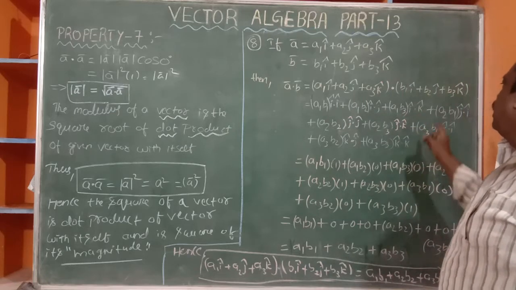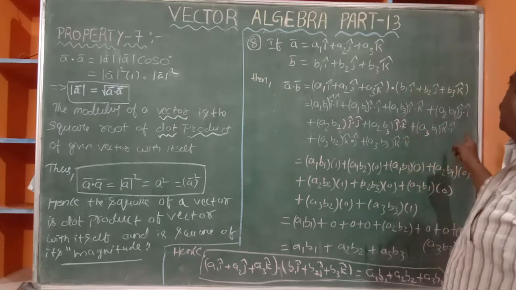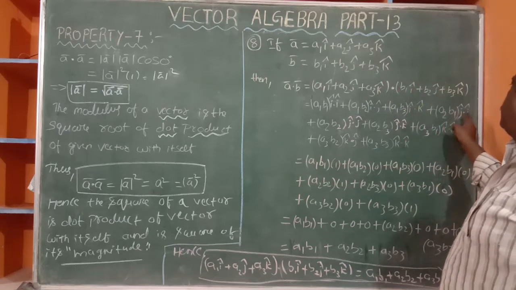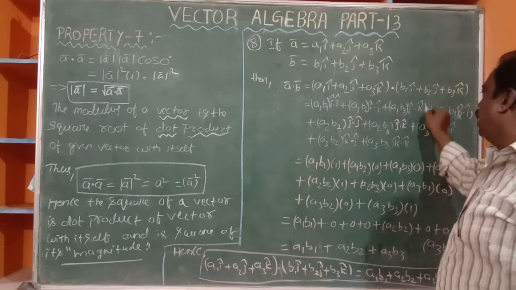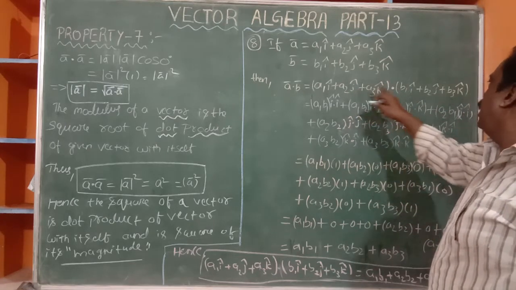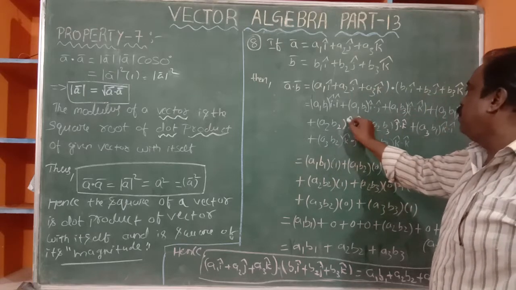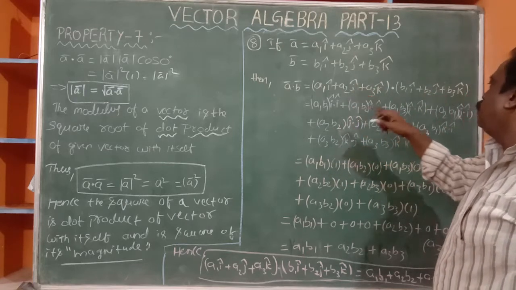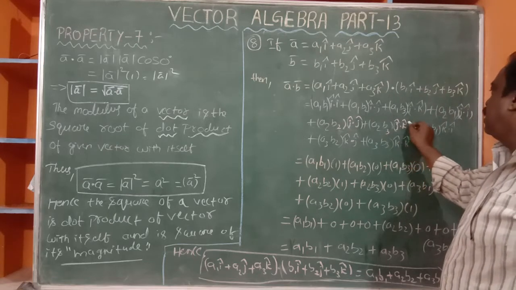Next, A2j dot B1i is A2 B1 j dot i. Next, A2j dot B2j is A2 B2 j dot j. A2j dot B3k is A2 B3 j dot k.